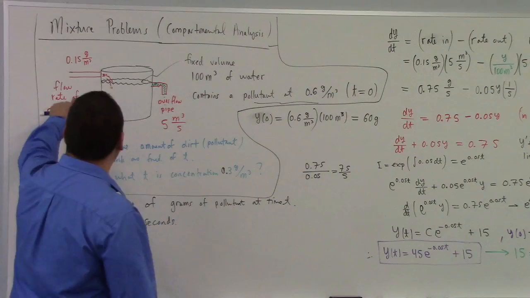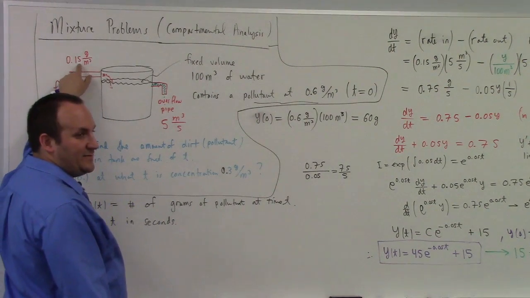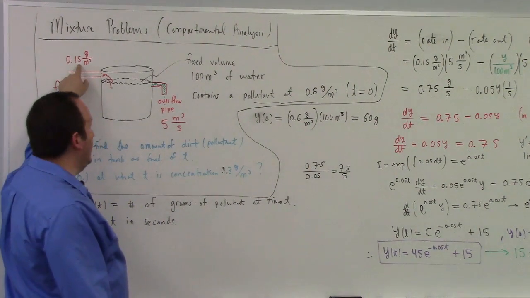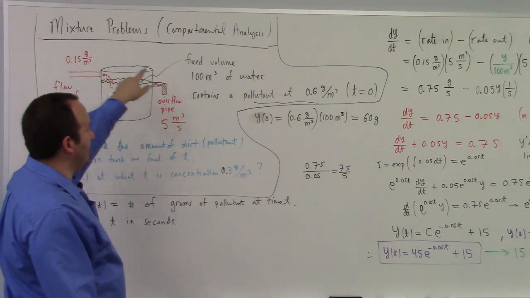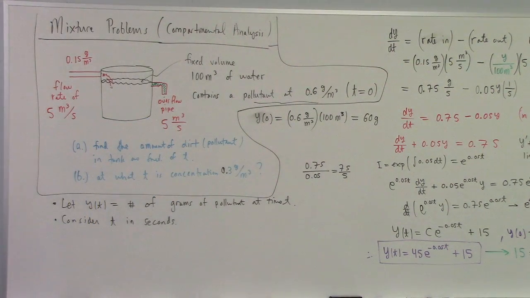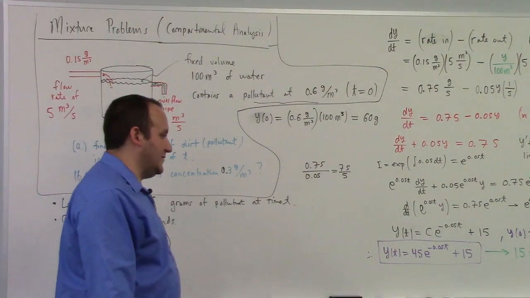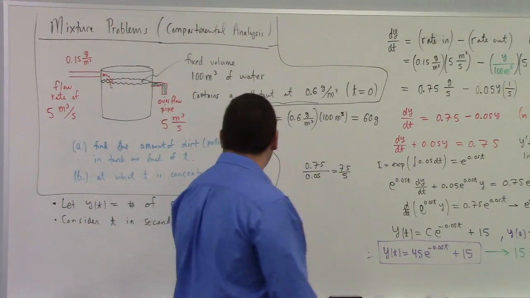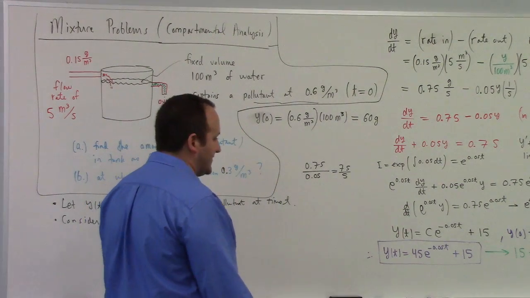It should be like the incoming water, and if you take 0.15 times 100 cubic meters, you get 15 grams. Makes perfect sense. It's going to be as dirty as the input water after a long time. Garbage in, garbage out.